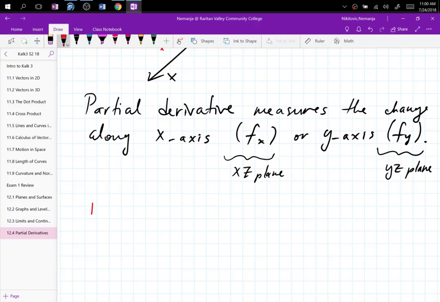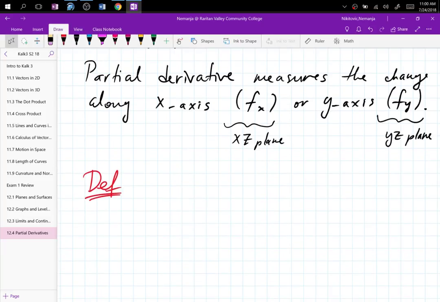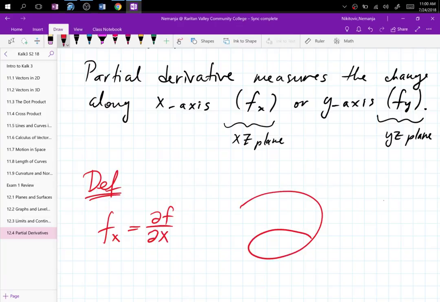So the standard definition for the partial derivatives would be that fx, right, the partial derivative in respect to x, also denoted as partial f partial x. This symbol is partial derivative. So it is some kind of curly d, right? You have your regular d for derivative, and then you have the curly d for partial derivative.